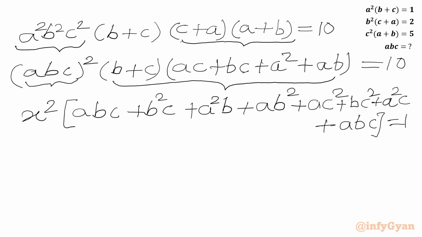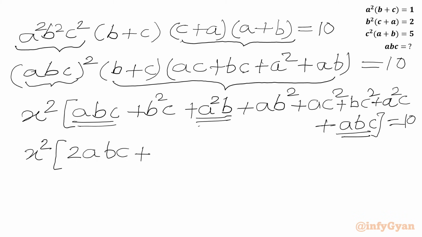RHS is 10. Now abc, abc, we will write here x square in the bracket twice abc, plus from the a square b term and a square c term, we will take a square common.